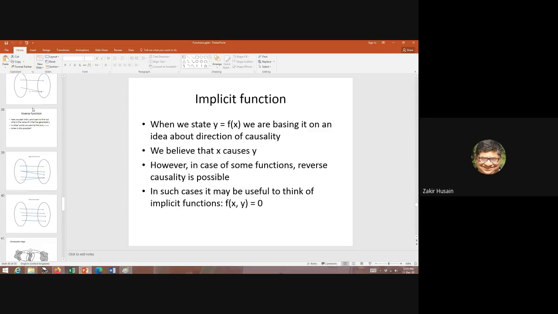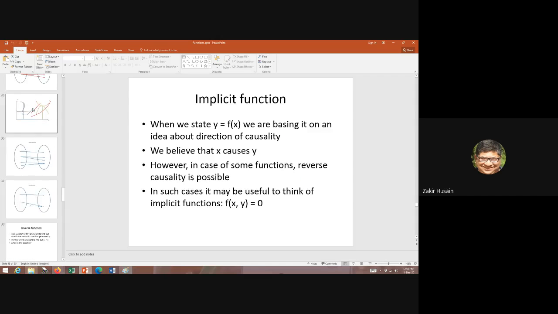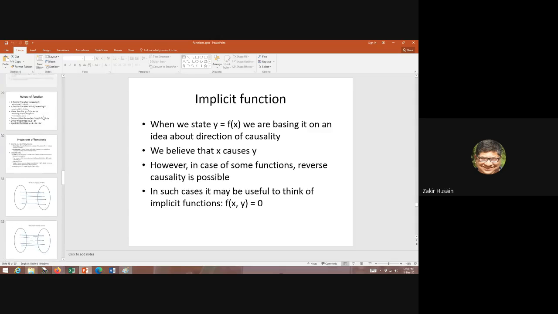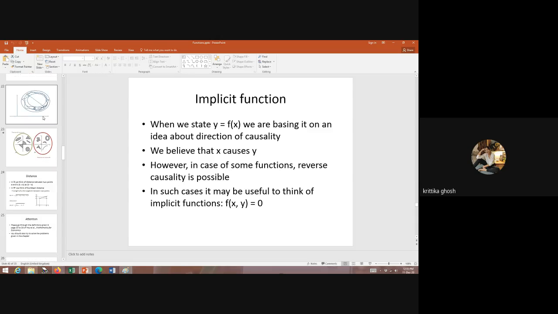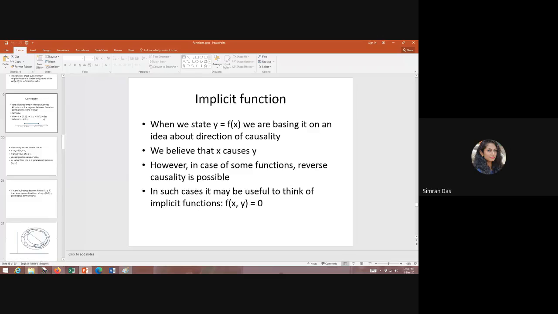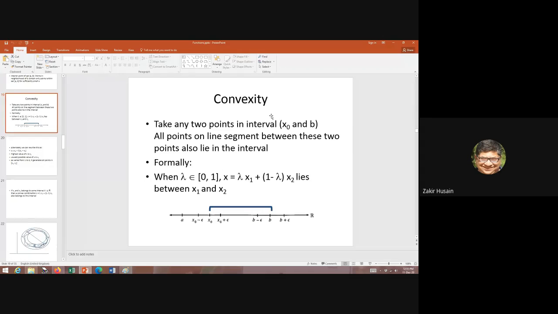So remember that we had discussed the concept of convexity. Can you see this PPT, by the way? Yes, sir. What is convexity? That we take two points and a point in between.